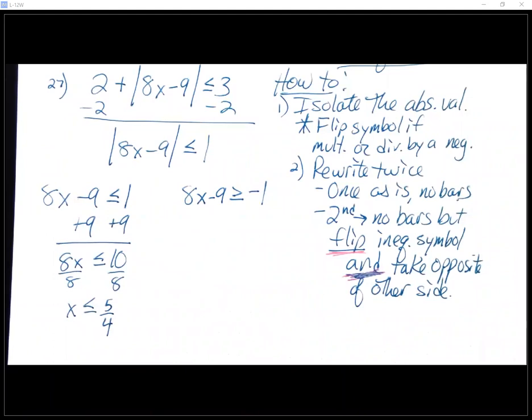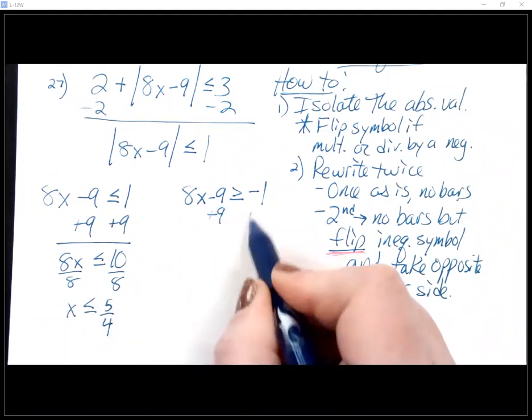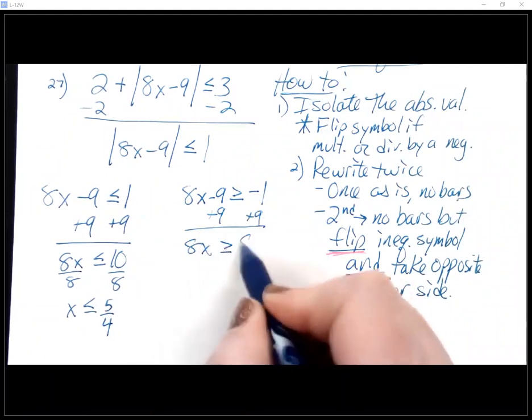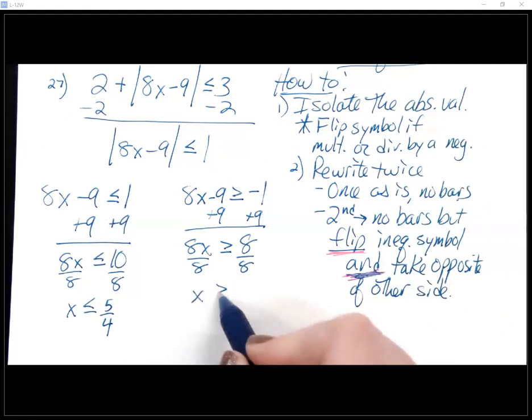And then I do the same thing on the other side. And all your normal rules hold. So if I do end up multiplying and dividing by a negative again over here, I flip the symbol again. This time I didn't because I didn't have any of that happening.